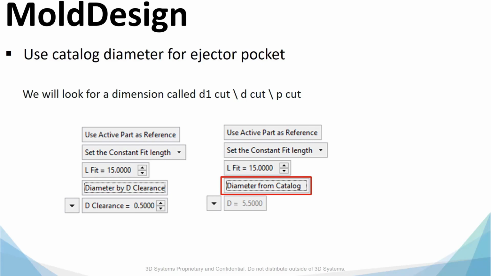In Cimatron 15 we have a new option that allows taking this value from the catalog. This would normally be the D1 cut value. So we will look for the D1 cut value and use it to set the offset. In the previous version we only used a constant value, the clearance, and now we can use the value from the catalog itself.